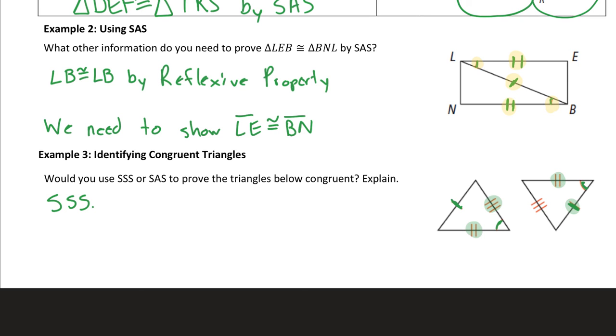So I would say SSS because corresponding sides are congruent. That's why I can say these triangles are congruent by SSS and not SAS. So you'll get some practice differentiating between the two.